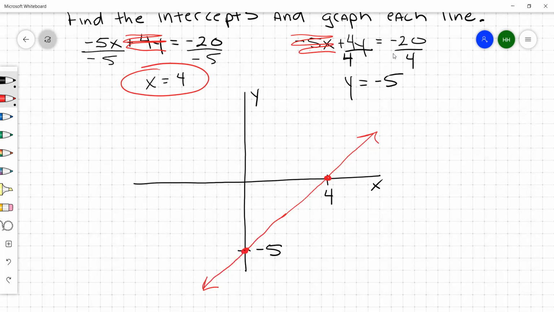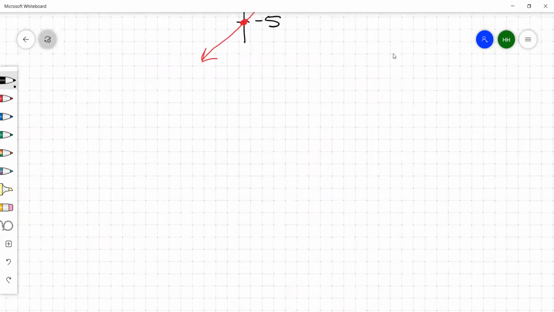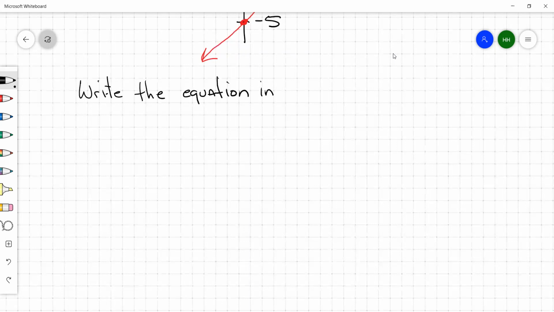So let's do one more of those. We're going to combine some steps right here. We're going to say write the equation in standard form.